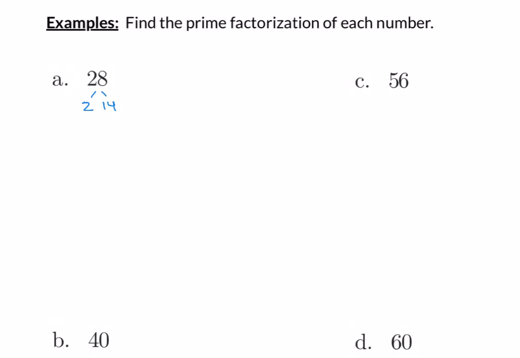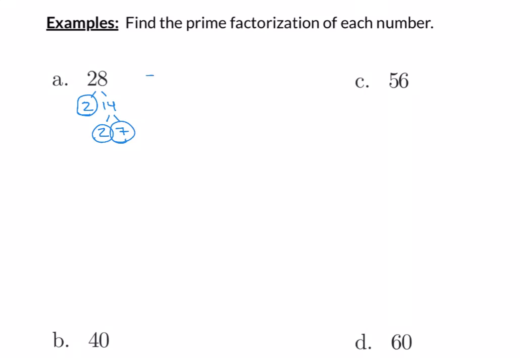The reason that I do this is because it's nice and organized. I know 2 is prime, 14 is not. 14 is equal to 2 times 7. 2 and 7 are both prime numbers.